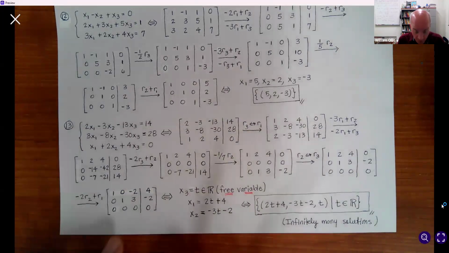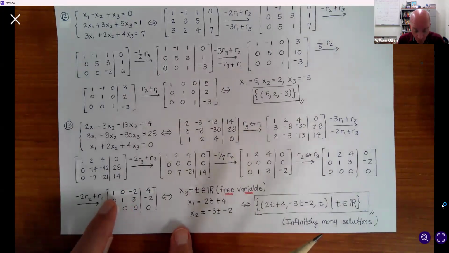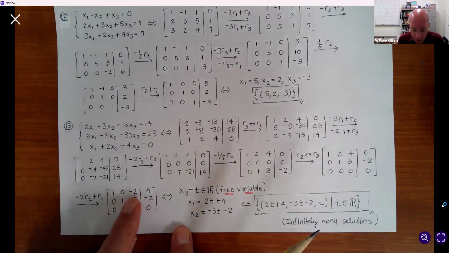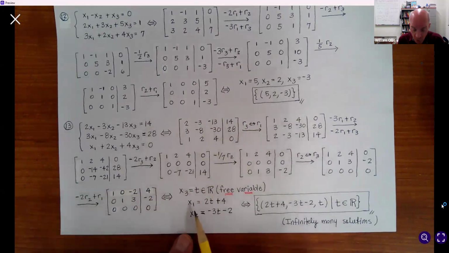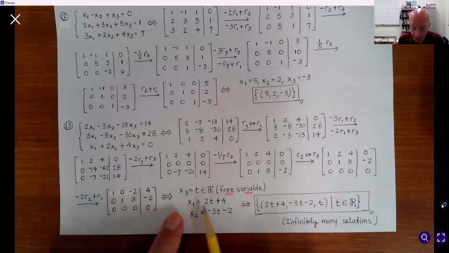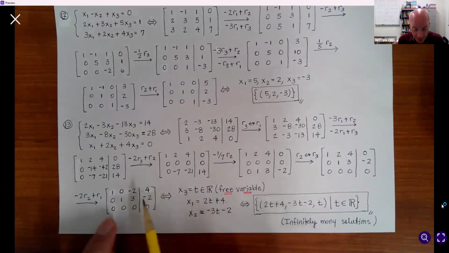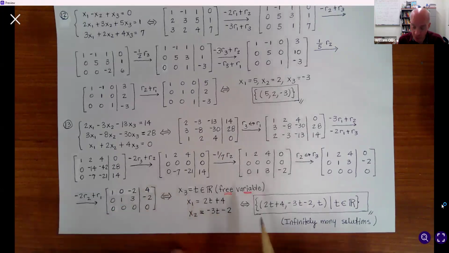So now, if you look here and you just solve for x1, you transpose the -2, so you get x1 is 2t plus 4 because now x3 is just symbolized by the parameter, the letter t. And then, of course, x2 will give us -3t minus 2 because you transpose the 3.